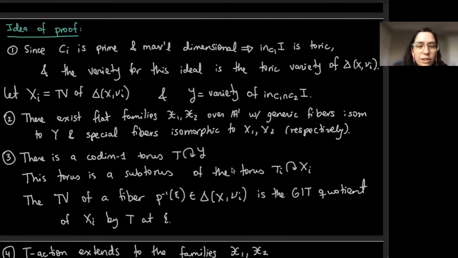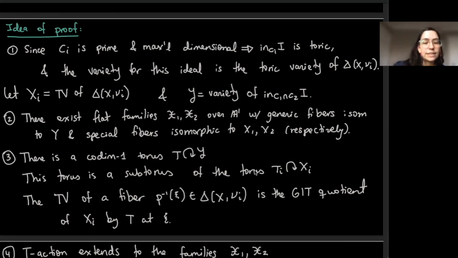Then you can find flat families over A1 with generic fibers isomorphic to Y and special fibers isomorphic to each of these toric varieties. So I have two flat families. This follows from the theory of Gröbner degenerations, even though Gröbner degenerations degenerate to monomial ideals, it's the same. When you have an initial ideal, you always have flat families.